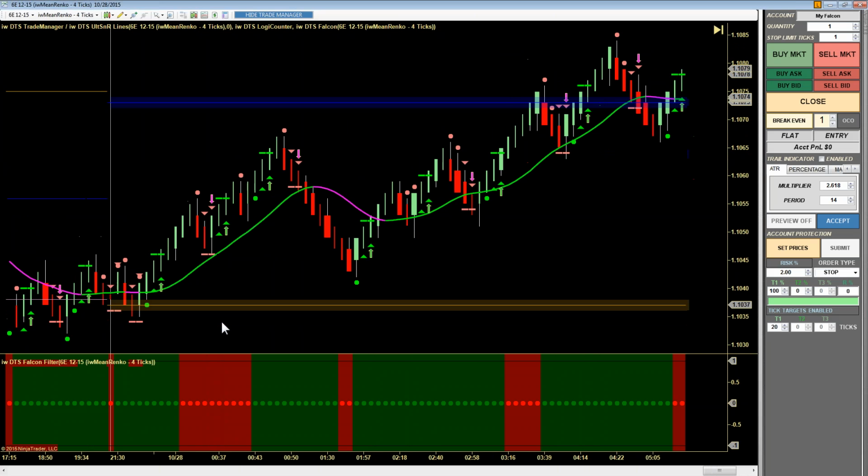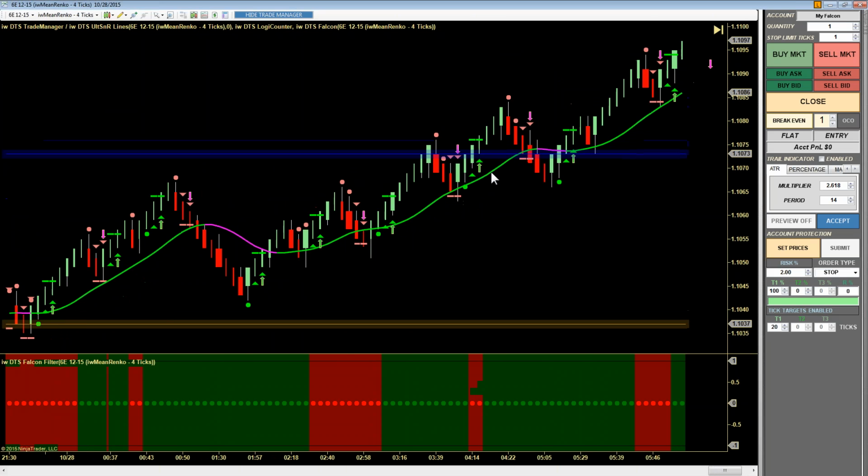Out of the gate, we had a trend change signal just prior to the London Open. About a half hour into the London session, we generated a trend change signal right here, followed by a late filter entry. See, the filter goes out of sync, comes into sync. The trend line never changes. Very, very high probability signal.